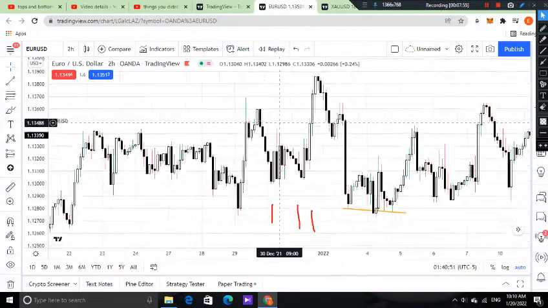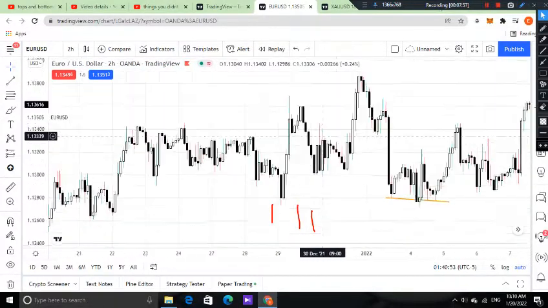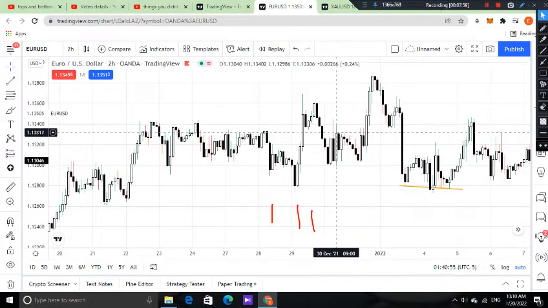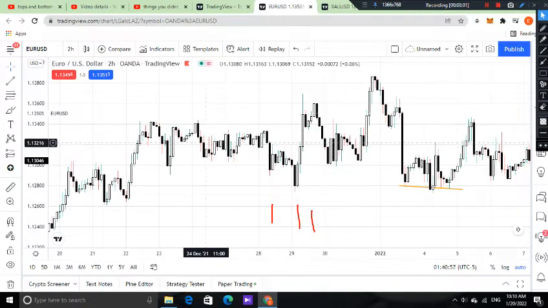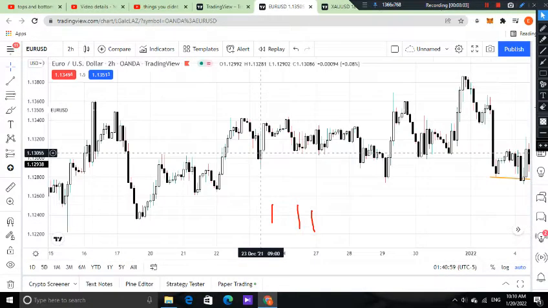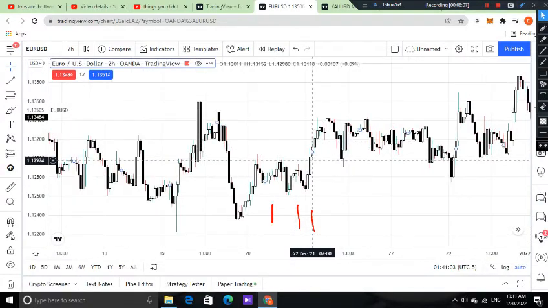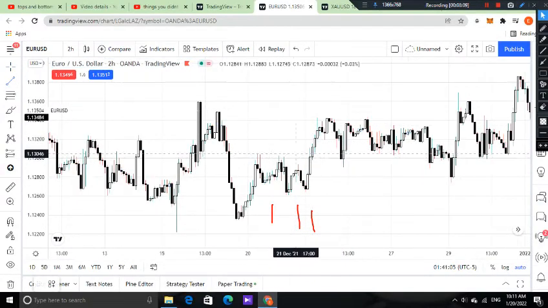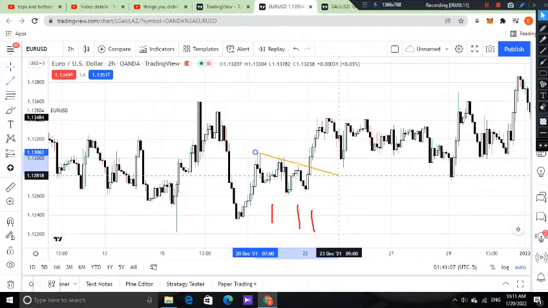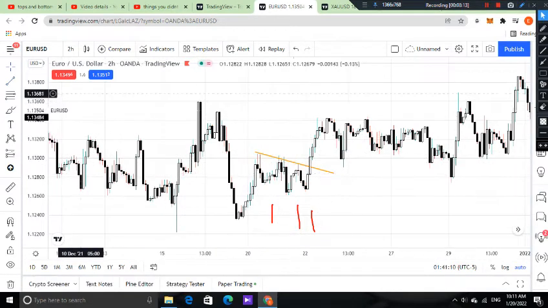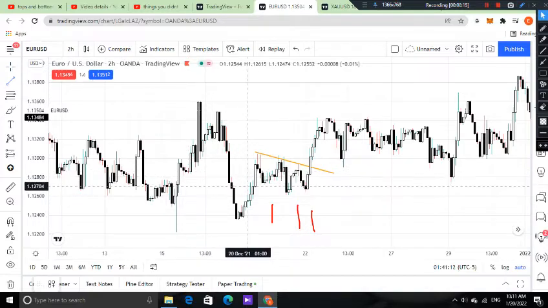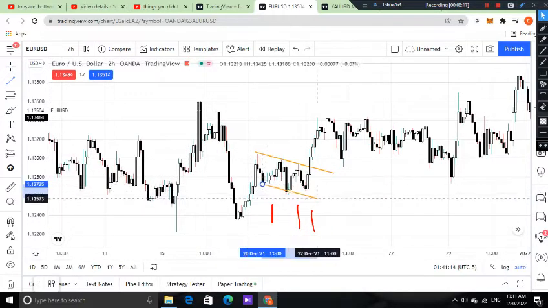Let's find the flag. Okay, this one is a flag. 3 pushes down.